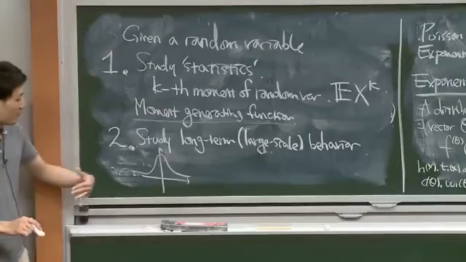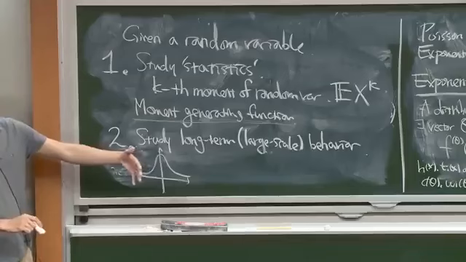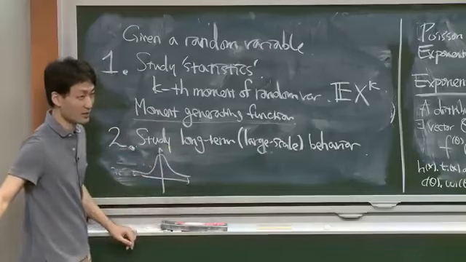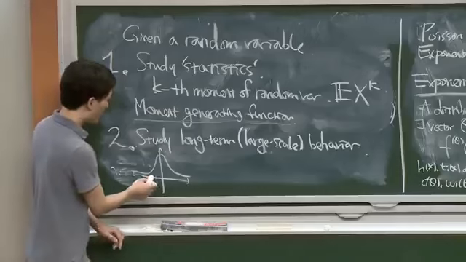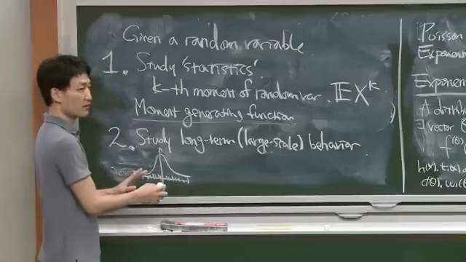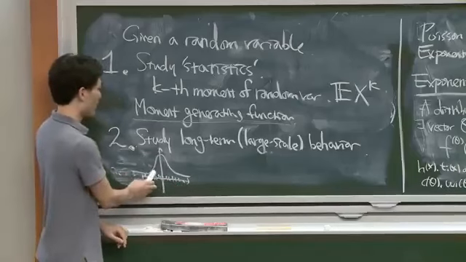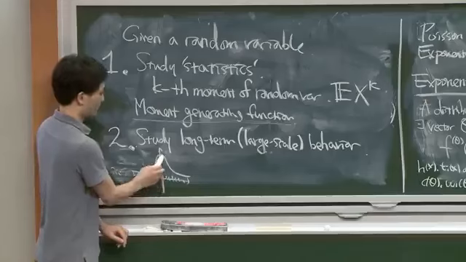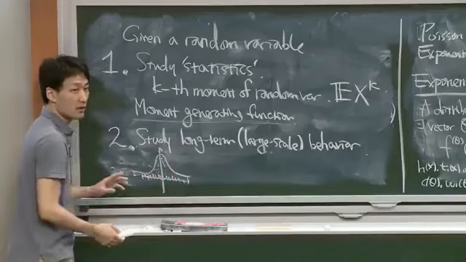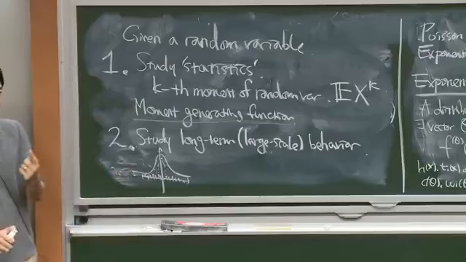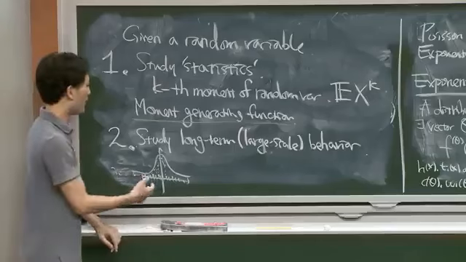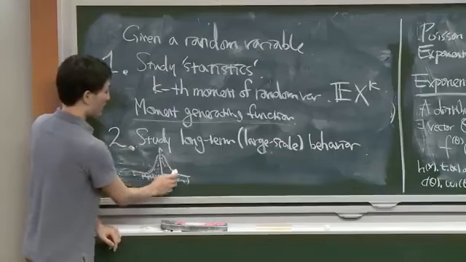But if you have several independent random variables with the exact same distribution, and the number is super large, let's say 100 million, and you plot how many random variables fall into each point on a graph, you'll know that it has to look very close to this curve. It will be more dense here, sparser there, and sparser there. So you don't have individual control on each of the random variables, but when you look at large scale, you know, at least with very high probability, it has to look like this curve.